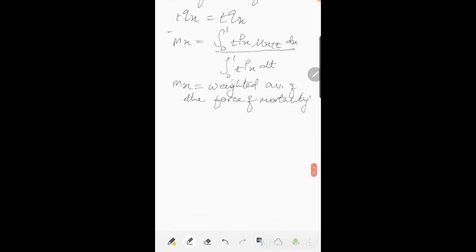So we look at expected future lifetime. This is denoted by E of Tx, the expectation. So what is this expected future lifetime? This is just the expected future lifetime after age x.